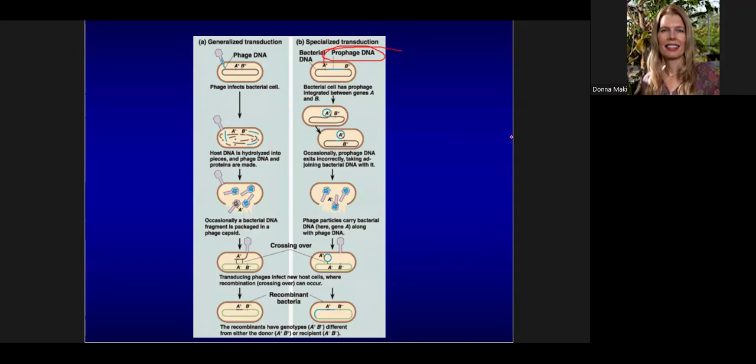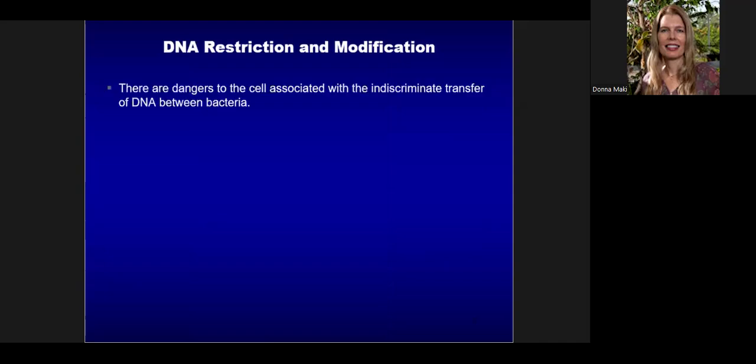So, bacteria are not totally at the mercy of viruses though. And under natural conditions, they have some ability to defend themselves. So they do have their own version of an immune system.